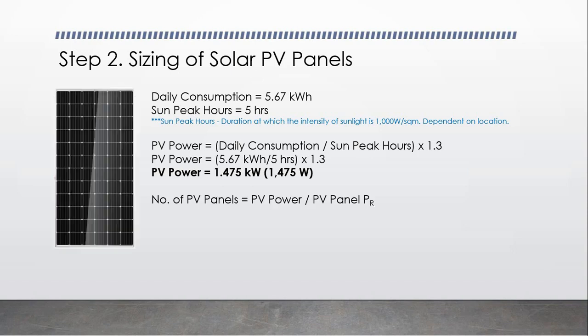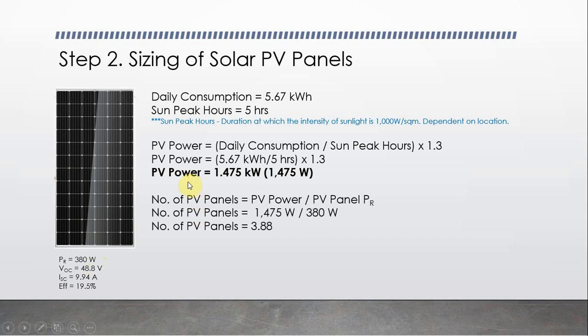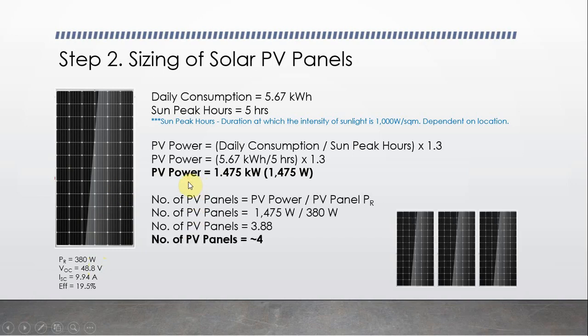Now suppose you have your solar panel right here with a power rating of 380 watts. To compute how many of these are required, we just need to divide the PV power with the rating of our solar panel, which is 380 watts.